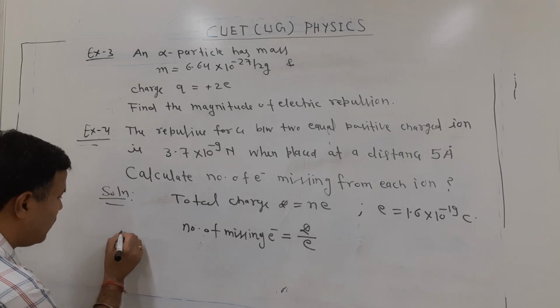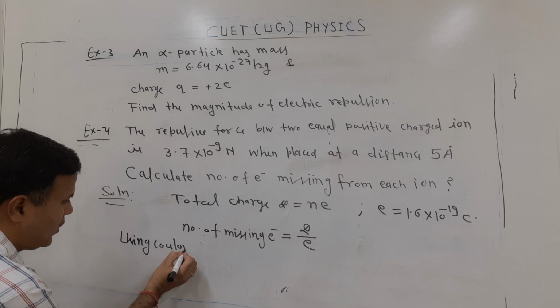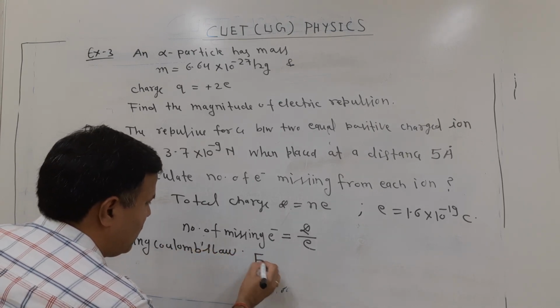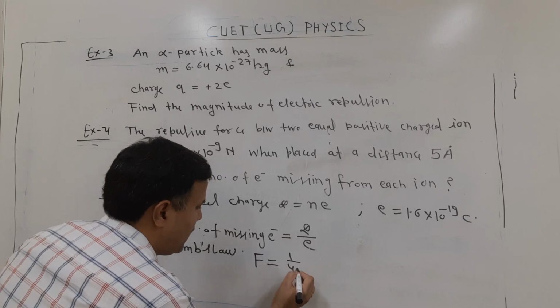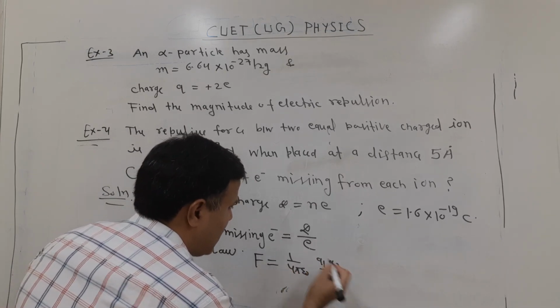So using Coulomb's law, F is equal to 1 upon 4 pi epsilon 0 Q1 Q2 by R square.